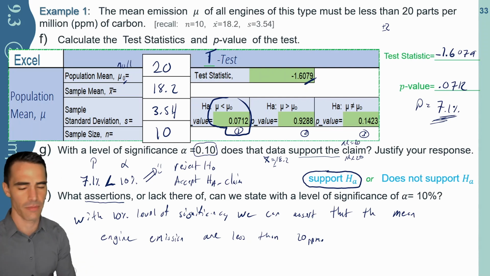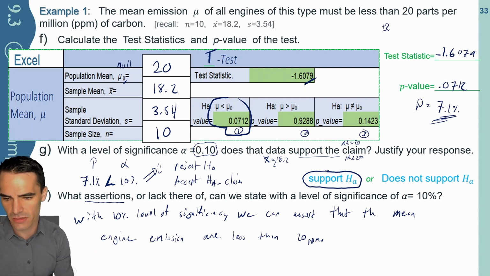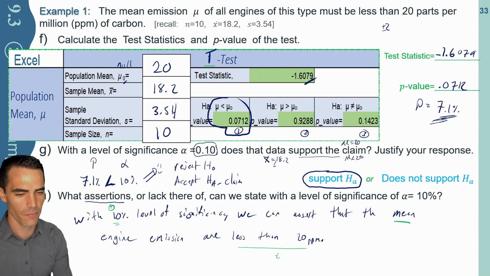And we have our statement. Again, whenever you're writing these statements, sometimes we can get lost in the weeds. We always need to make sure we have these two ingredients, the level of significance and also your claim.